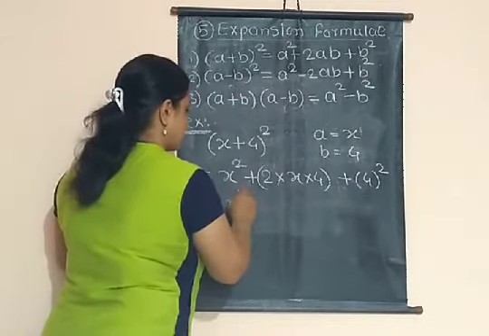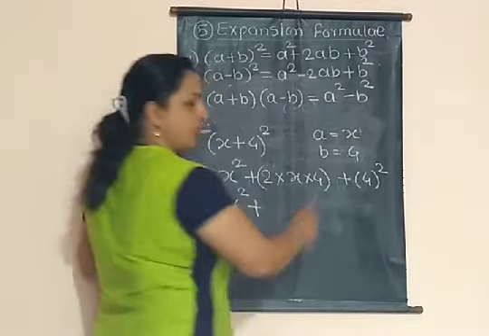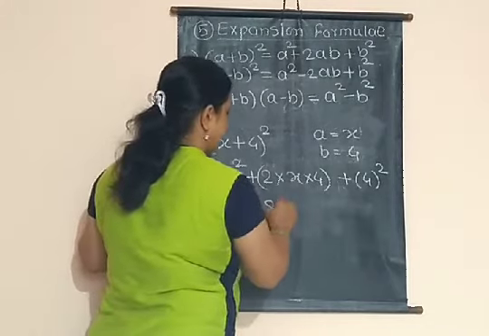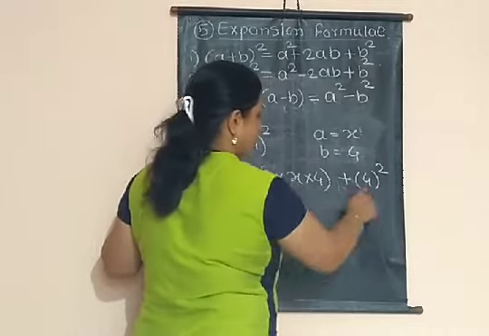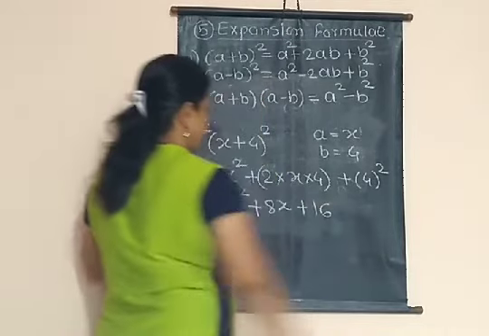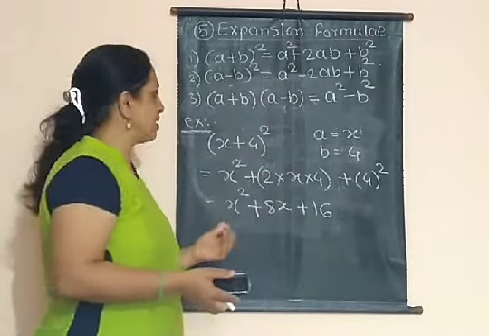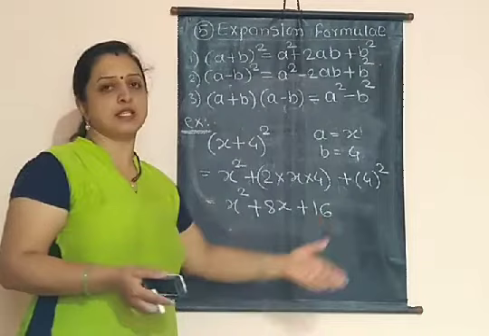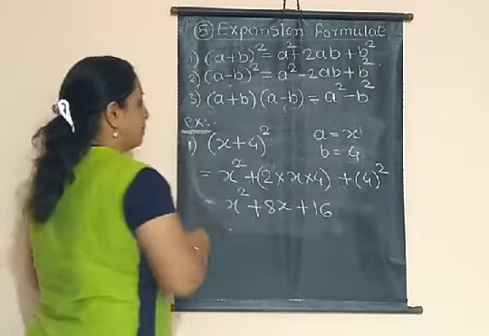So first term, that is x square plus 2 into 4, that is 8, and this into x, that is 8x. So we will get 8x plus 4 square, that is 16. So in this way we get the expansion of this (x plus 4) bracket square, x square plus 8x plus 16. Okay. Now let's see the second example. This is the first example.